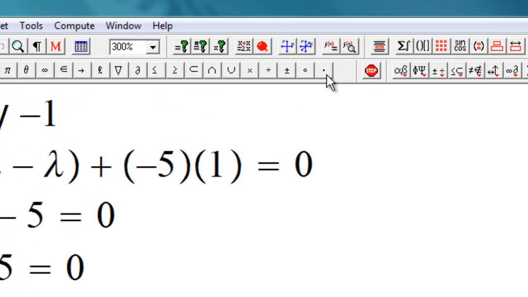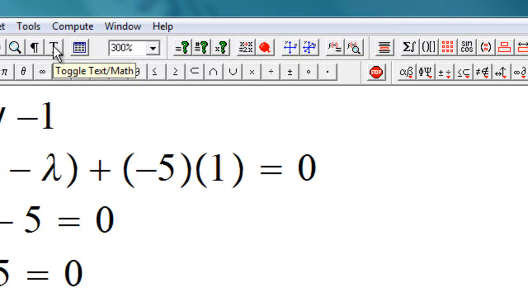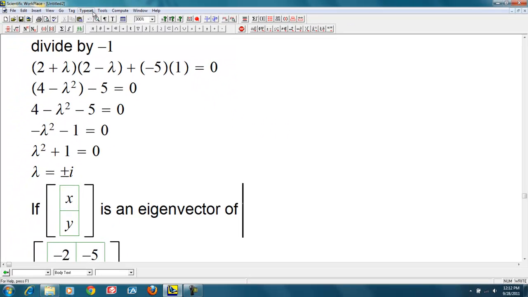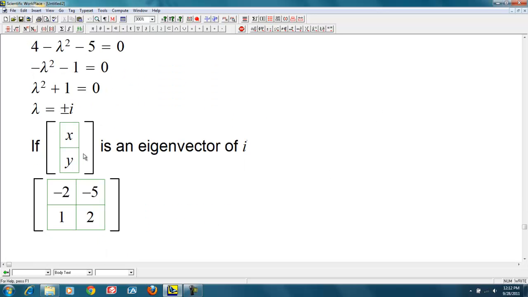If this is an eigenvector corresponding to i, what do we get?